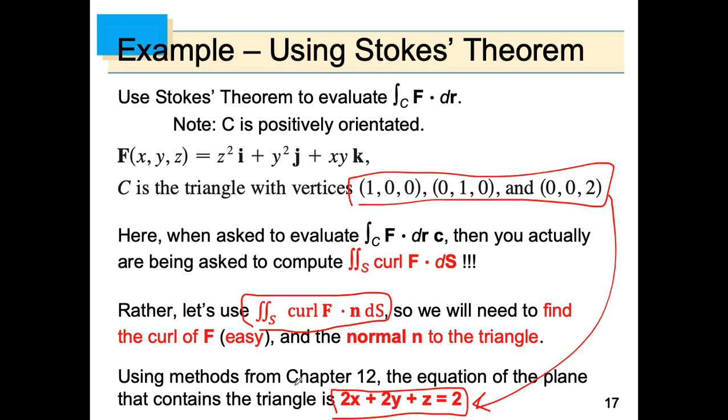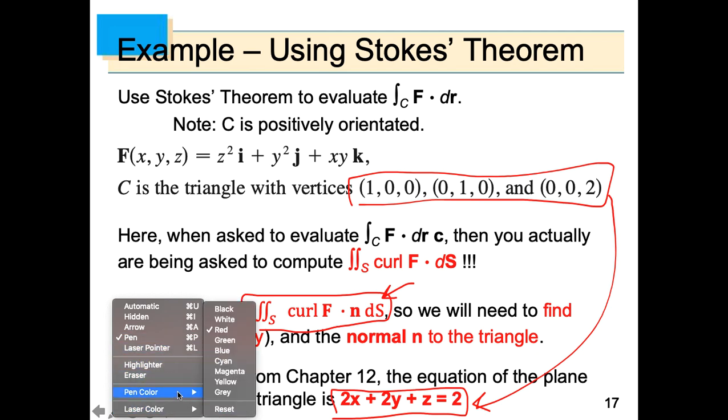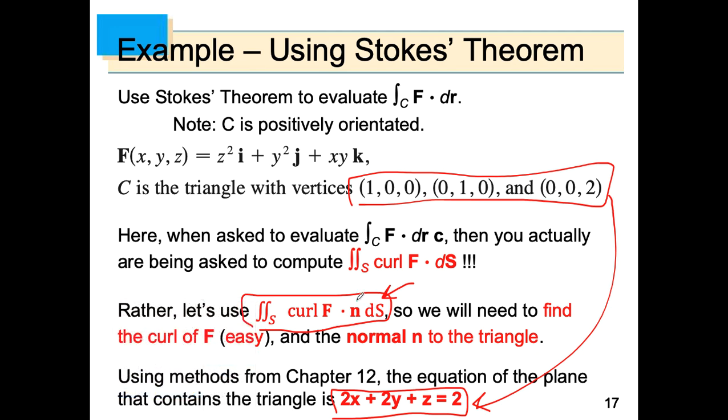And essentially we need these two items to move forward. So once again, we need this equation of the plane, and we also need the fact that we're going to use this version of the surface integral. Now, the reason why I want to use this version of the surface integral is because I want to find the normal to the surface.